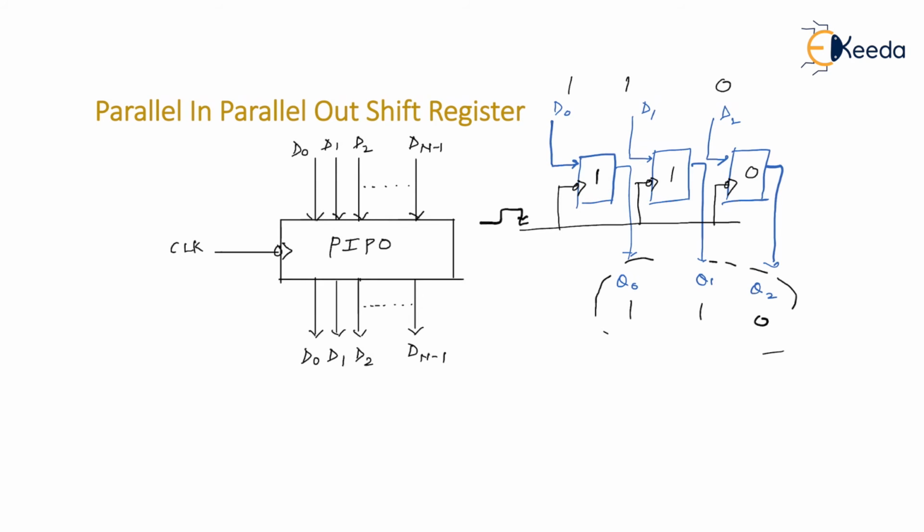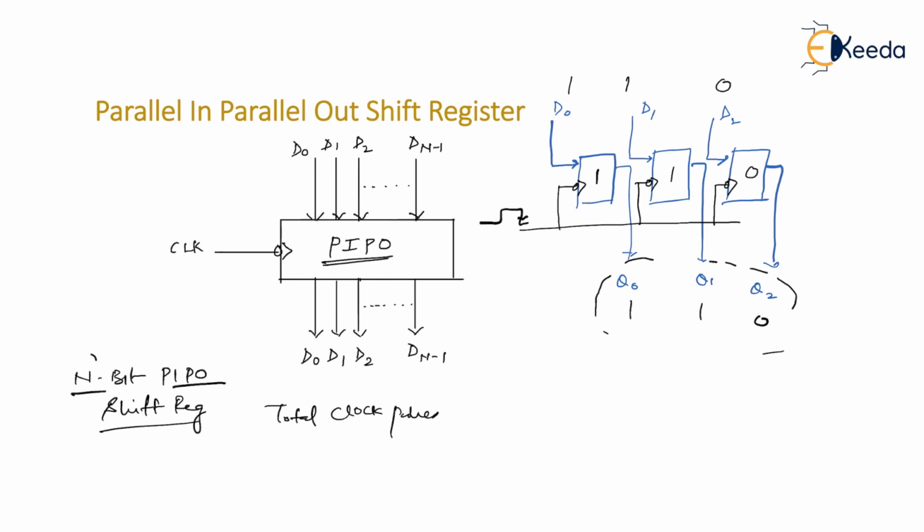So irrespective of the size, for an n bit parallel in parallel out shift register, the total clock pulses needed is independent of n. It is simply 1.